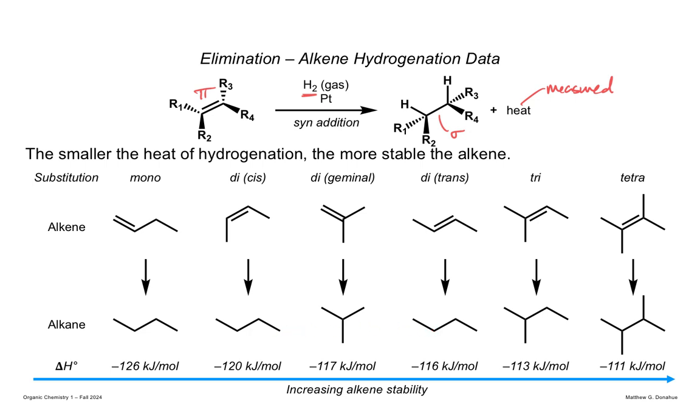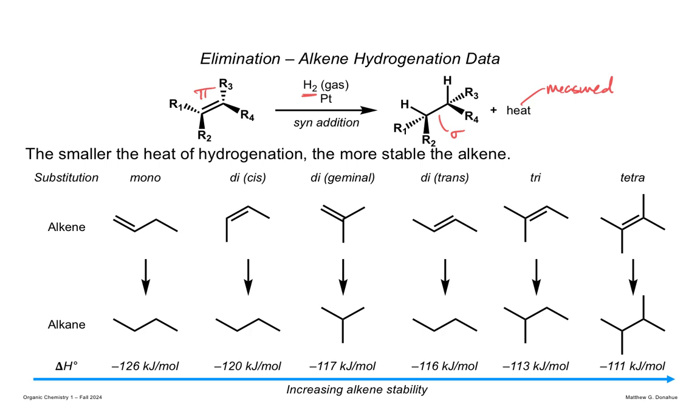But as you see from the cis and the trans, the trans is generating less heat. So that means the starting alkene is more stable. Then we have tri and tetra, and you see the tetra generates the least amount of heat of all of them, meaning that that bond is the most stable.